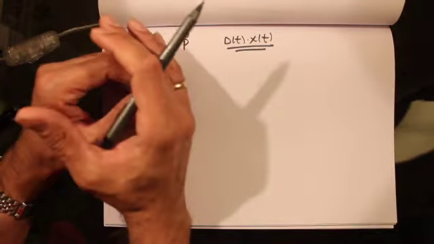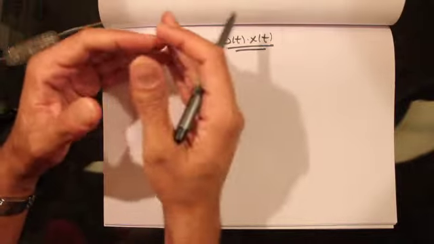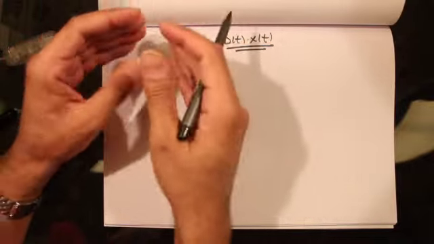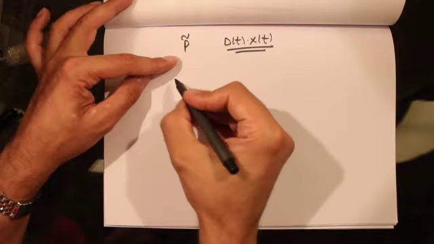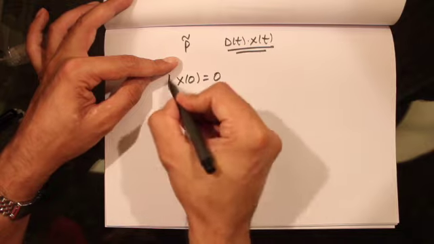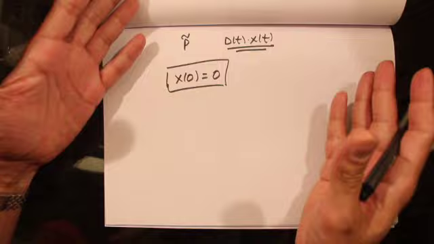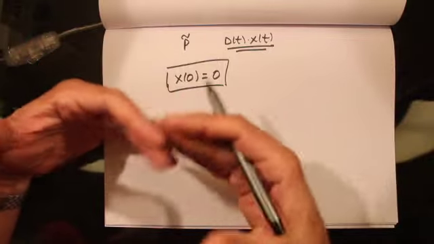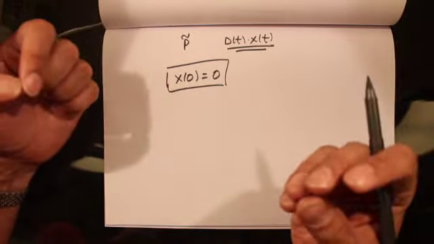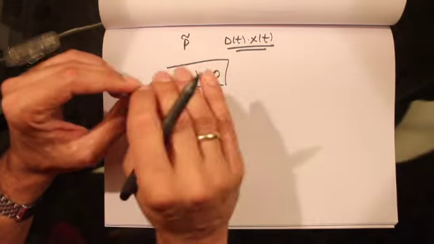First of all, let's define what arbitrage is, and we already know what arbitrage is. An arbitrage strategy is one where we start with no money. So we have a portfolio whose value at time 0 is equal to 0. That means we don't start with any money, and we come up with a trading strategy such that at no time in the future is there any probability of losing money.